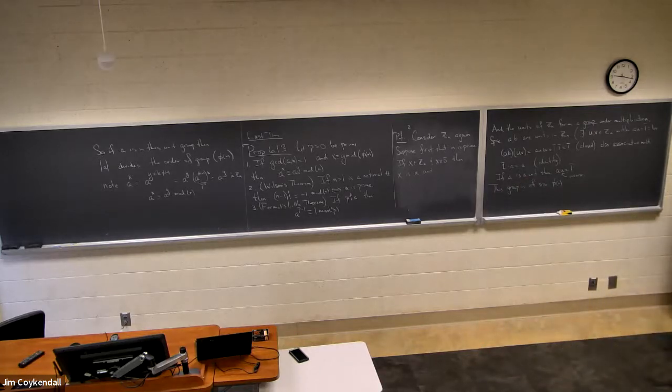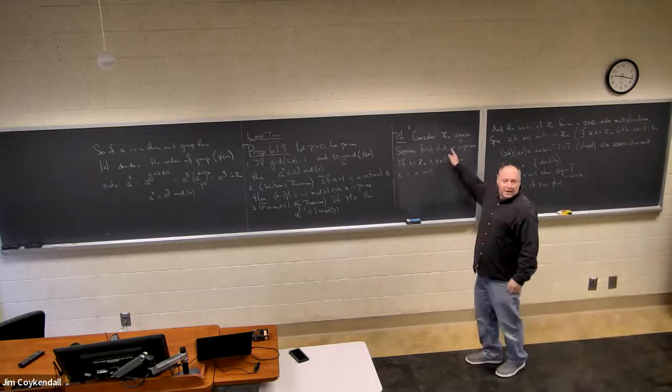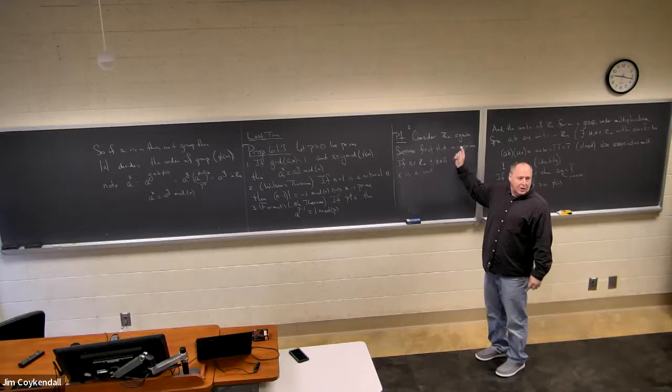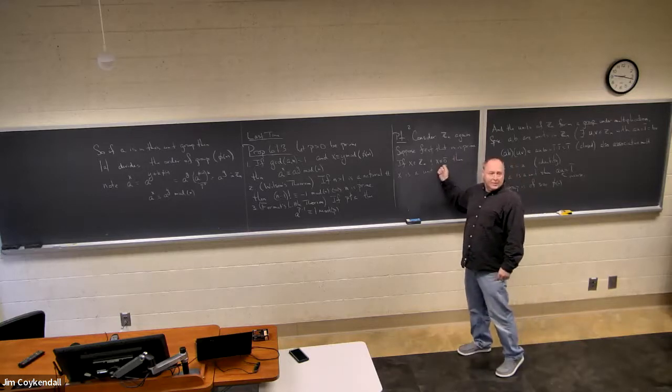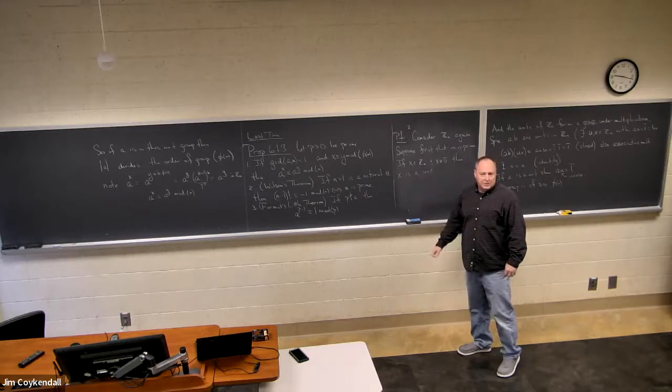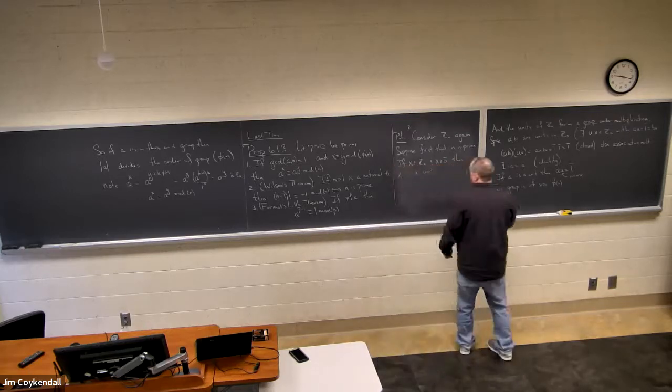Because count between 1 and n, where n is prime, how many of those elements are relatively prime to the prime n? All of them except n, right? So everything that's not the same as 0 bar, all the other n minus 1 elements, must be units. Everybody agree with that? Because they can't share a factor with n. That does depend very heavily on this being prime.